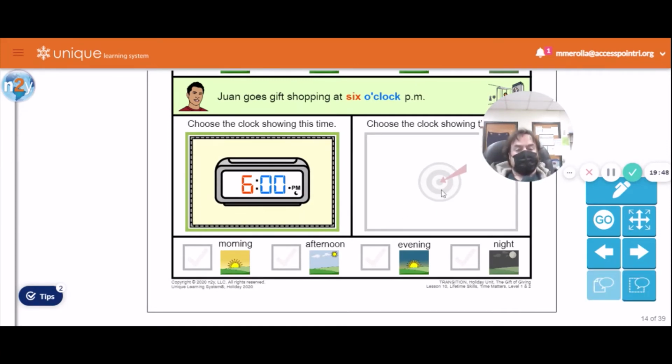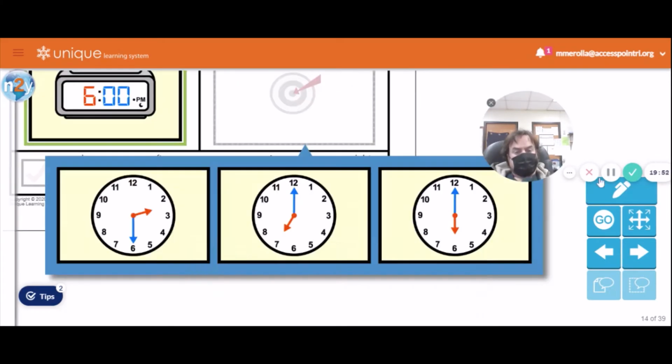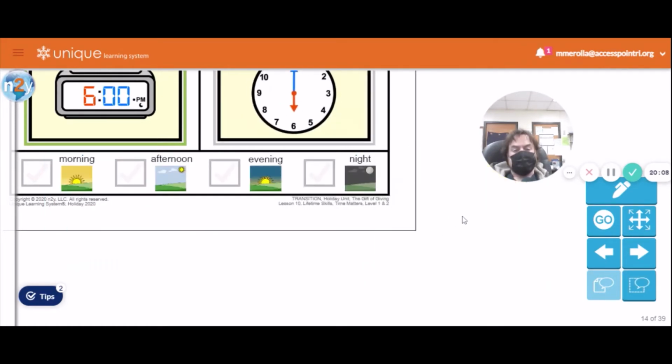Indeed. All right. Which analog clock shows the p.m.? All right. We zoomed in. Is this clock 6 p.m.? Yes, you're right. It's this clock.